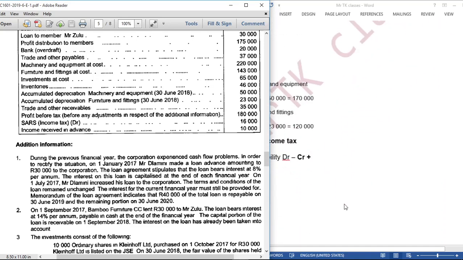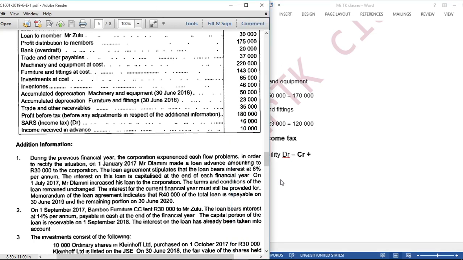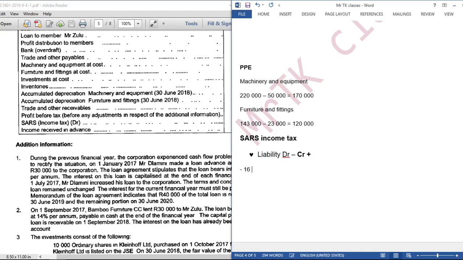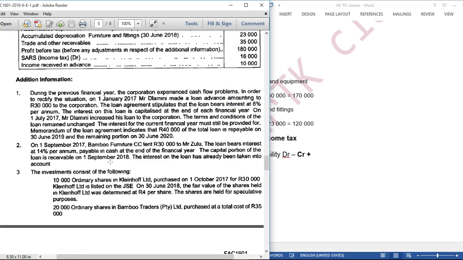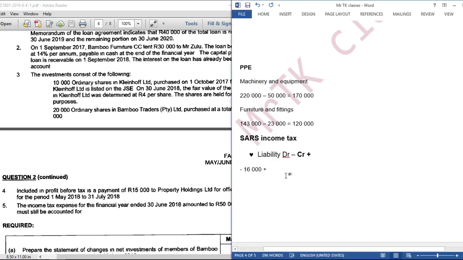But let us see: minus 16,000. We want to see if we still have a liability or an asset, because remember we have income tax for the year. So there was a tax refund of 16,000, which is an asset.